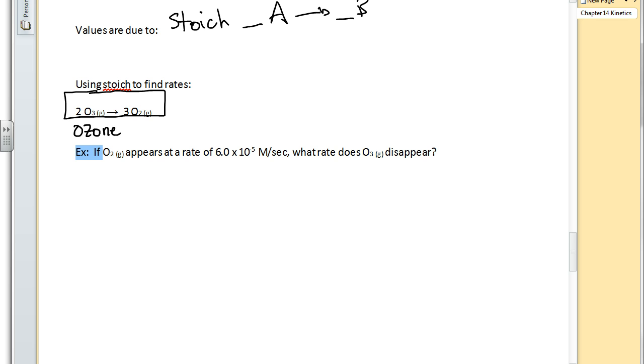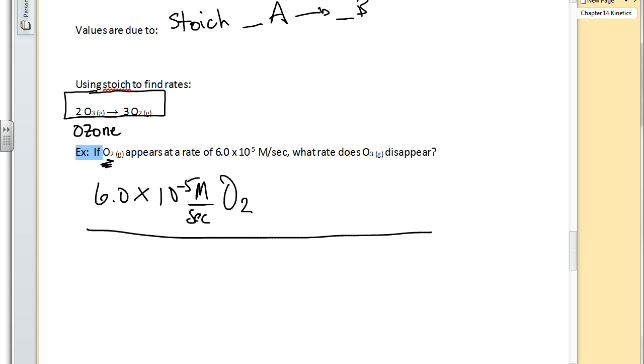Now, it says, in our example, if oxygen gas appears at a rate of 6.0 times 10 to the negative fifth molarity per second, what rate does ozone disappear? So here's how we're going to set this problem up, using a stoichiometry formula. We're going to put our known down here, 6.0 times 10 to the negative fifth molarity per second. And remember, this is for oxygen.